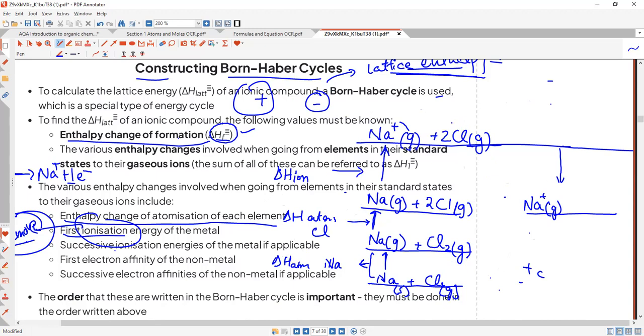So when chlorine accepts an electron, the enthalpy will be called... we have discussed it in a whole lecture.